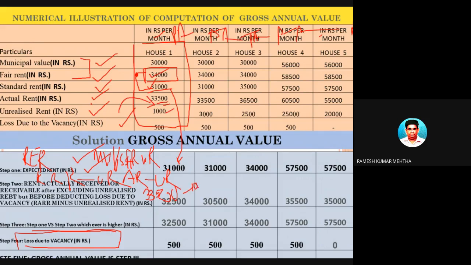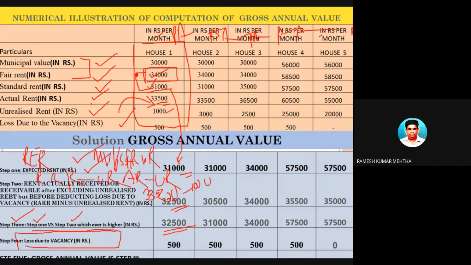So 33,500 minus 1,000 rupees is 32,500. So this is step 2. Now step number 3: the simple answer is step number 1 versus step number 2, whichever is highest. Between 31,000 and 32,500, whichever is highest is 32,500.